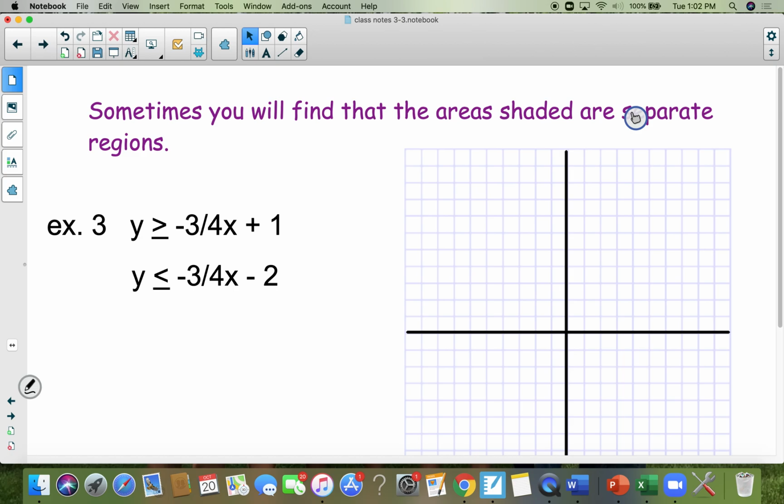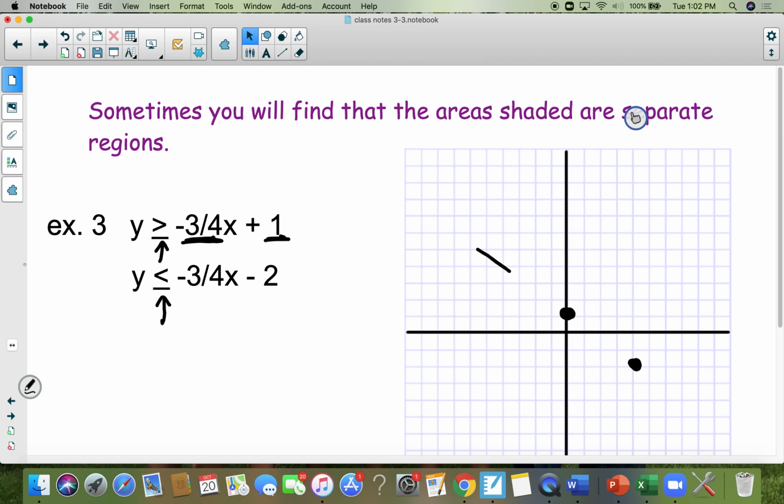Y is greater than or equal to -3/4 x plus 1. Notice that they're both going to be solid lines. You're going to put your first dot at 1, and -3/4 is your slope, so you're going to go down 3 and over 4. 1, 2, 3, 4.